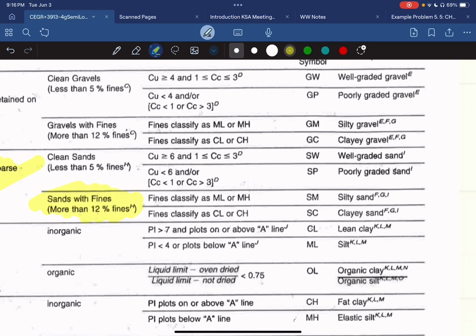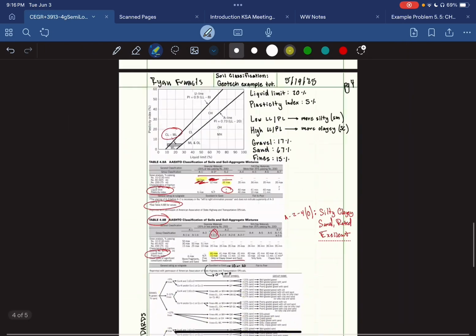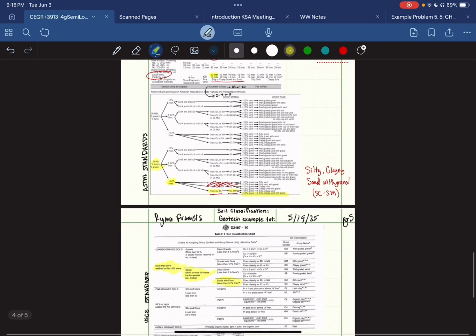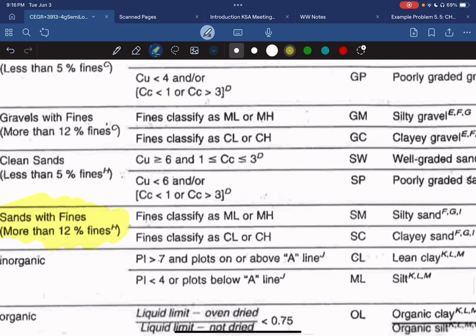And fines classify as ML or MH, and fines classify as CL or CH. So we run into a predicament here that if you look up at our first chart, it's CL-ML. So we have, as you see here, CL and ML.